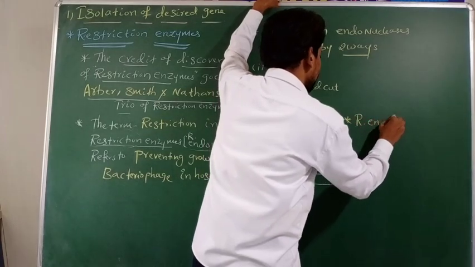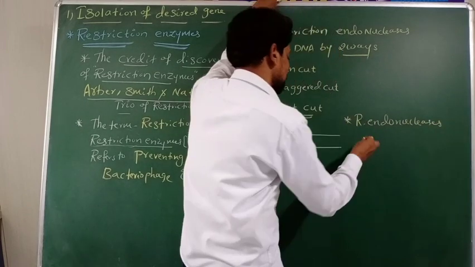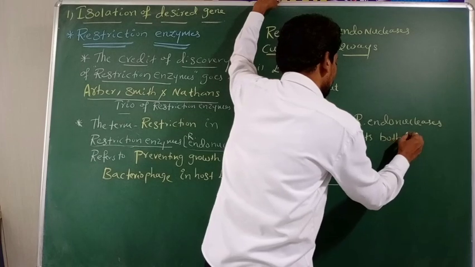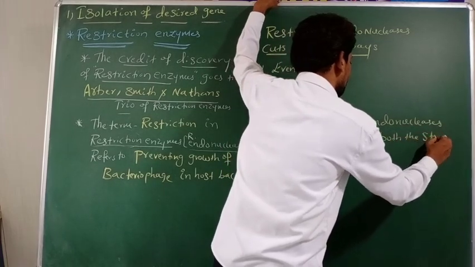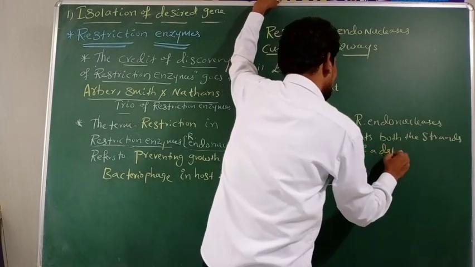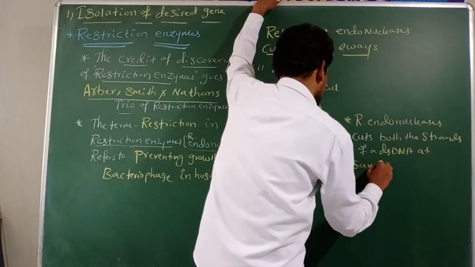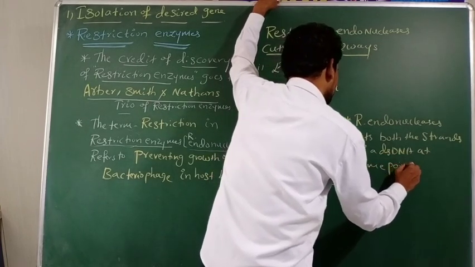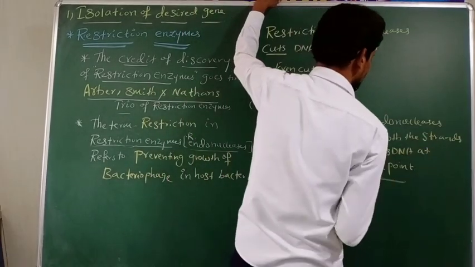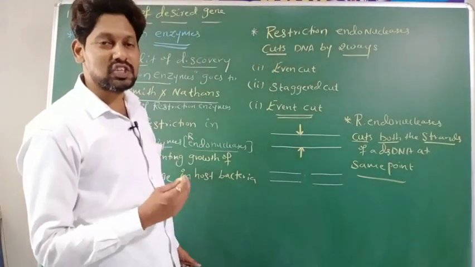Restriction endonucleases cut both the strands of a double-stranded DNA at the same point. Cutting both strands at the same point generates which type of ends?